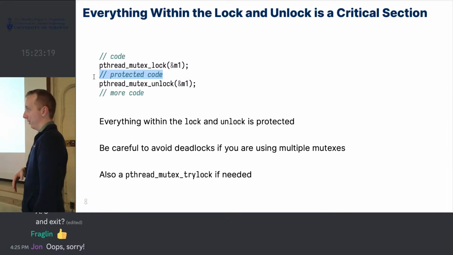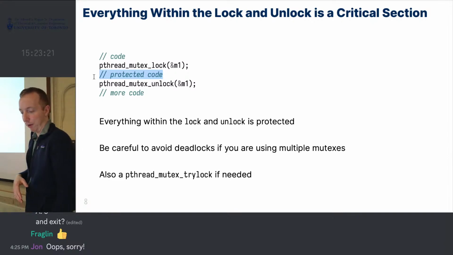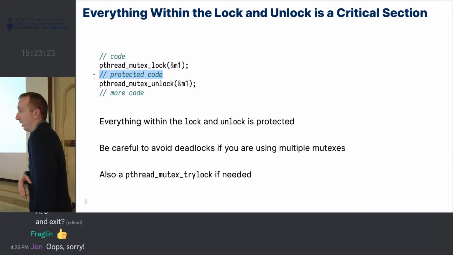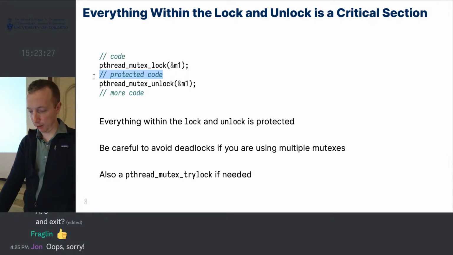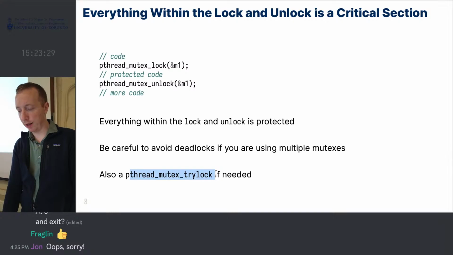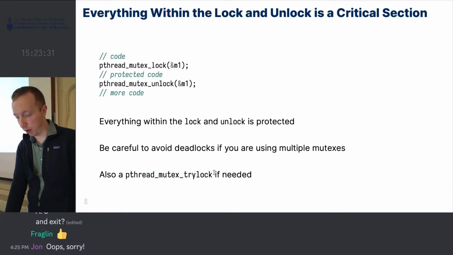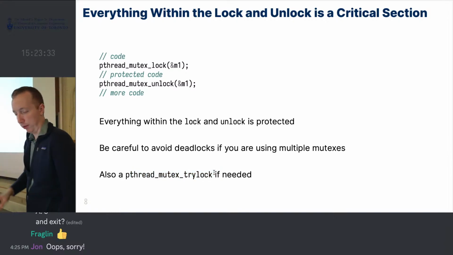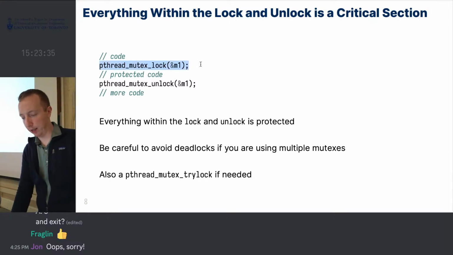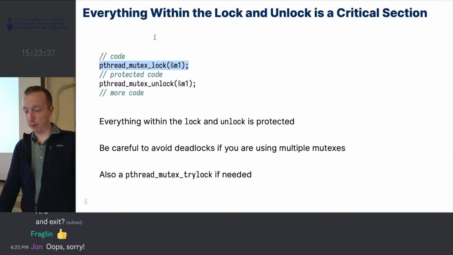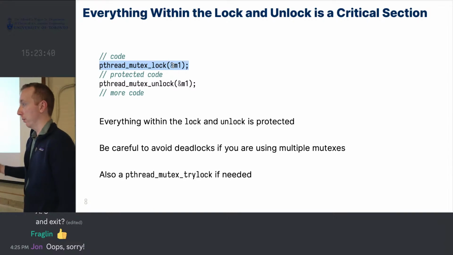In that case, there is something called deadlocks you will have if you have multiple mutexes. For now, we'll only do one single lock, and we'll talk about deadlocks later. And there's also this try lock that will not block and will tell you whether or not you essentially got the key.